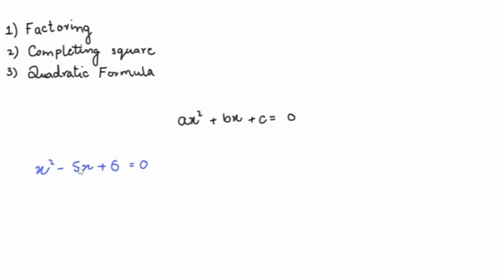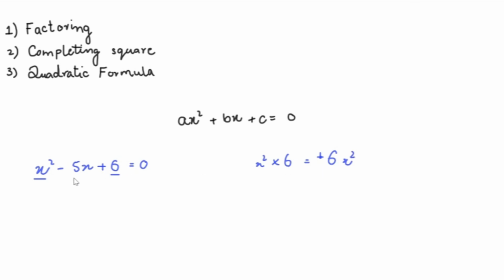Now for the factoring method, we need to take these two values, that is the value with the variable of power 2 and the value with no variable. We will multiply them, and we will get x squared multiplied by 6 is equal to plus 6x squared.